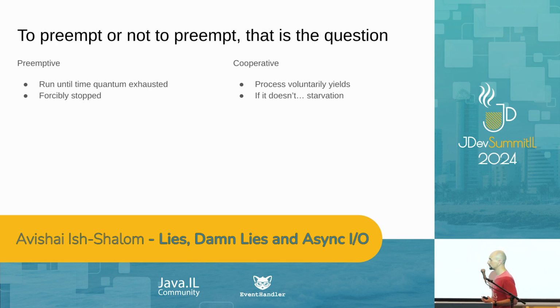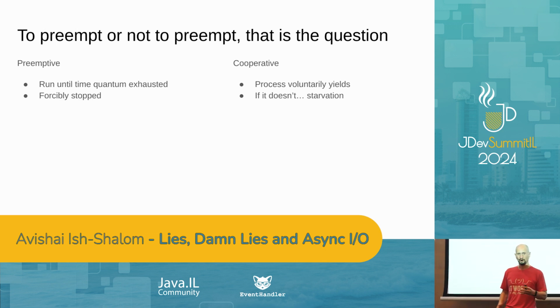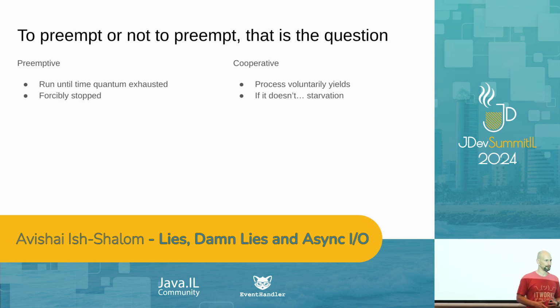So what is preemptive multitasking? Preemptive multitasking basically means the scheduler forces the pause of the task that is currently running on the CPU. And technically, this is done by some hardware mechanism, hardware interrupt, timer interrupt. But it can also be done in several programmatic ways.